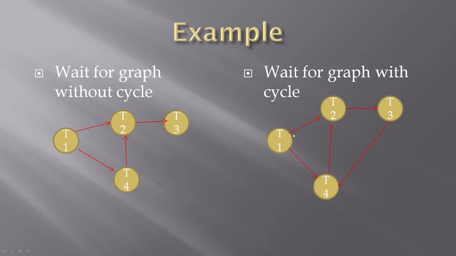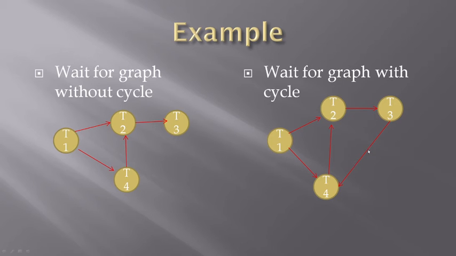Here T1 is waiting for T2, T2 is waiting for T3, and T4 is waiting for T2. When T2 is free, then only T4 is executed, and if you want to execute T3, the T4 is also free. So this will create a cycle. So this graph must create a deadlock.